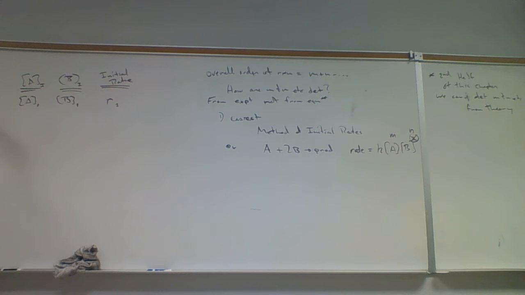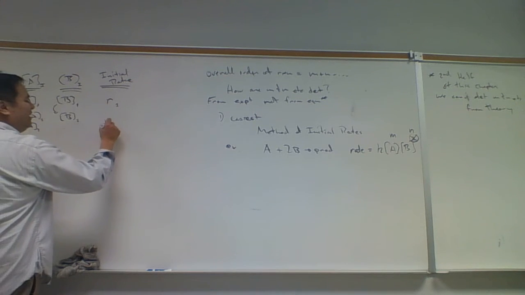And then in the method of initial rates, what we'll do is we're going to double this. So here we're going to have 2 times A1. This is going to equal A2. And then here we're going to keep B1 the same. We won't change that. And so what we did was we doubled A. And then we see what happens to the rate.